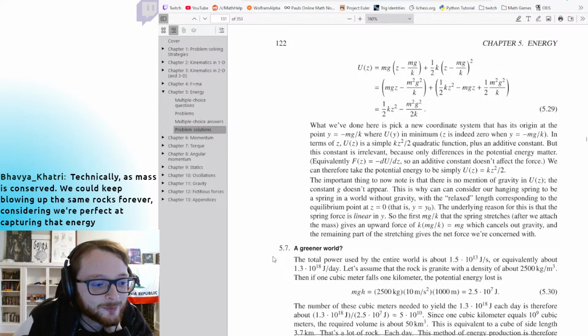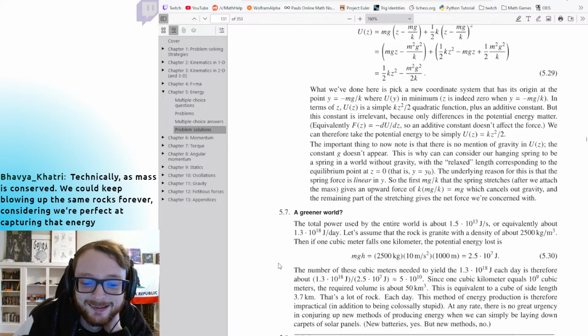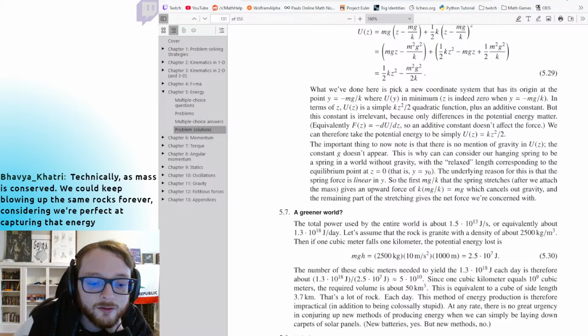How much dynamite would it take to blow up Mount Everest? I don't know, that's a good question. 50 cubic meters. Wait, what?